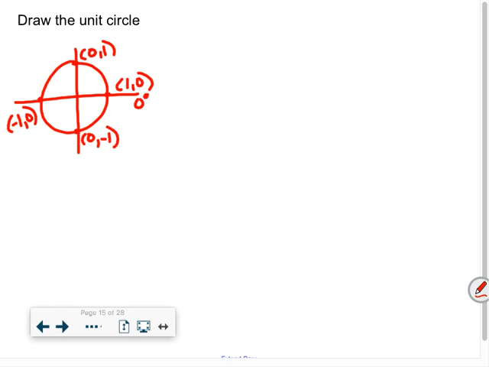I also know that 0 degrees, 90 degrees, 180, 270, and a full rotation was 360. And every ordered pair goes cosine the angle, comma, sine the angle.